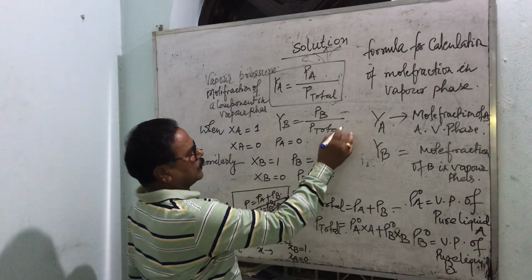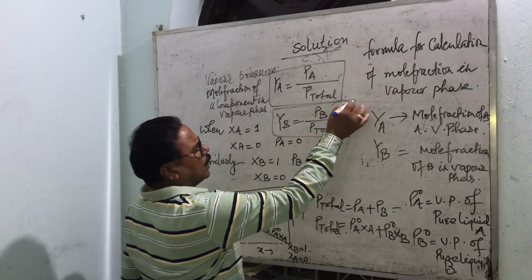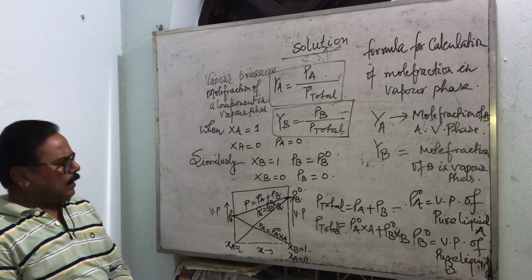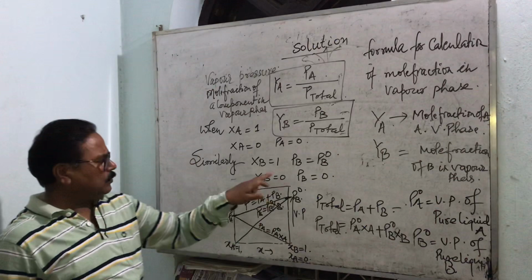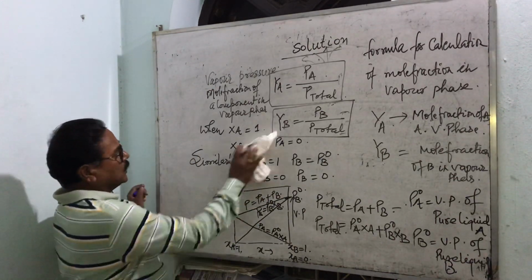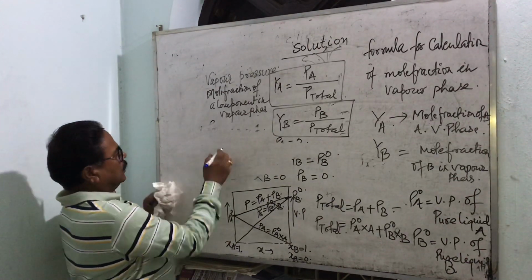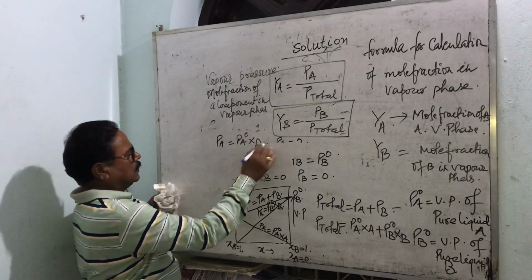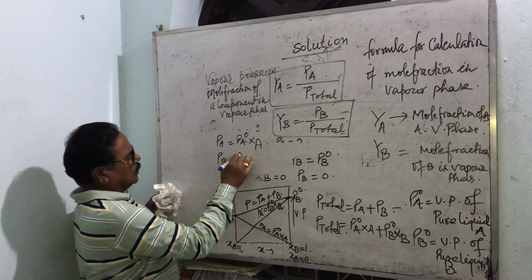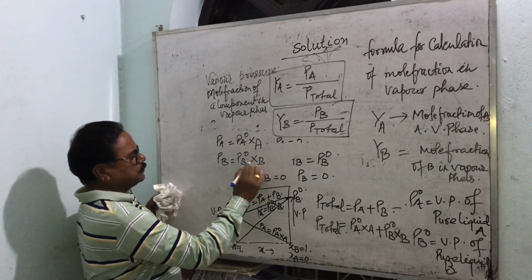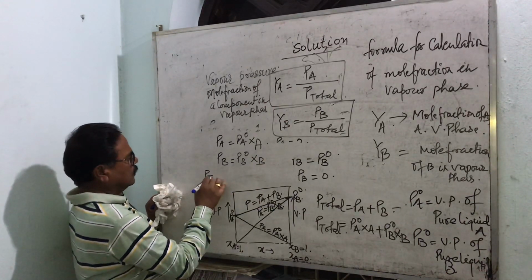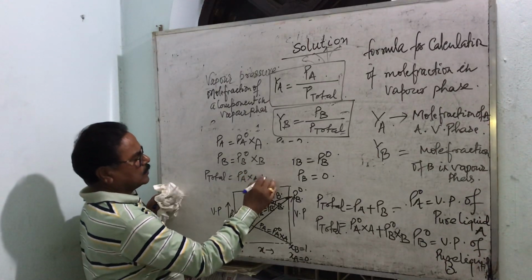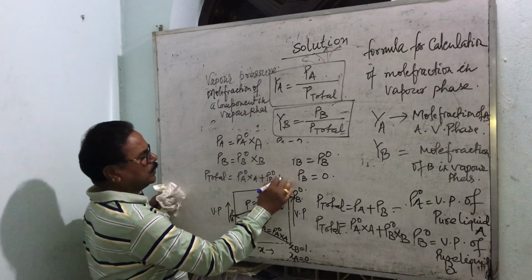So after discussing Raoult's law for a volatile component, I come to the conclusion. First we know the mathematical expression for Raoult's law: PA is equal to PA naught XA, PB is equal to PB naught XB, and P total is PA naught XA plus PB naught XB.